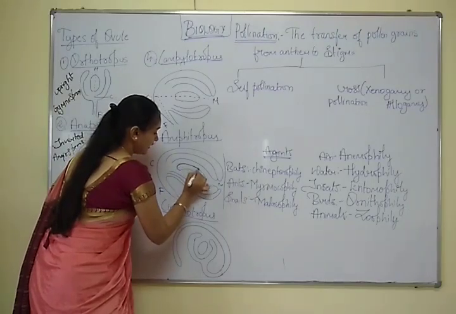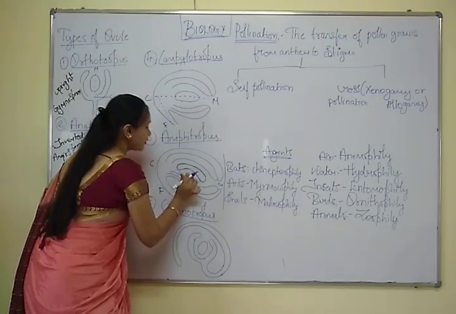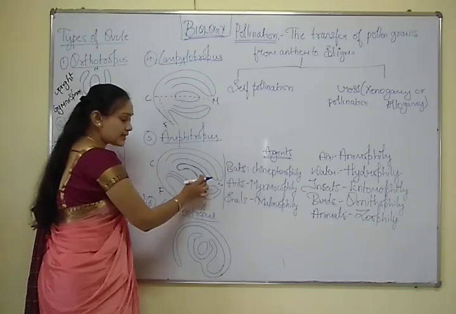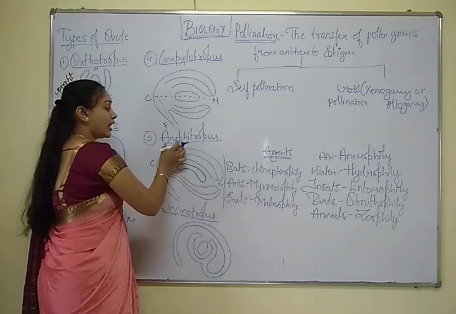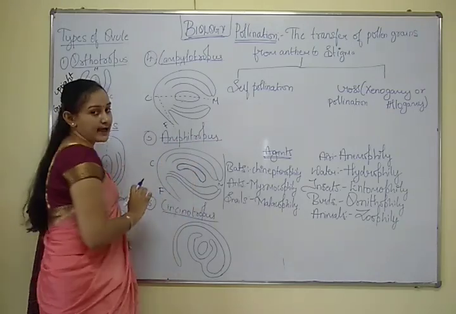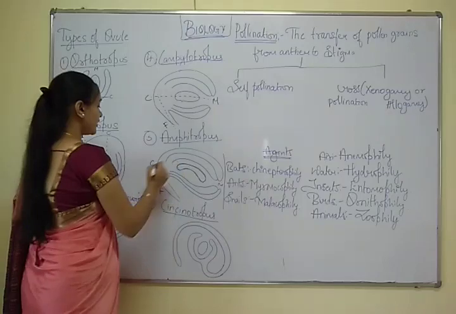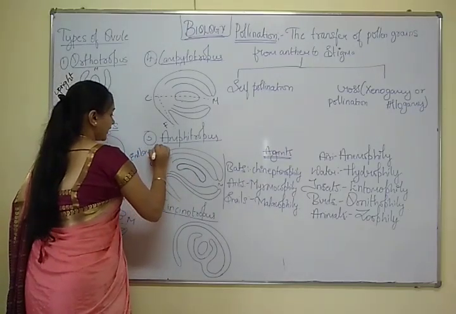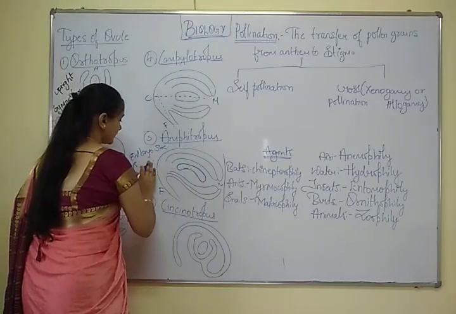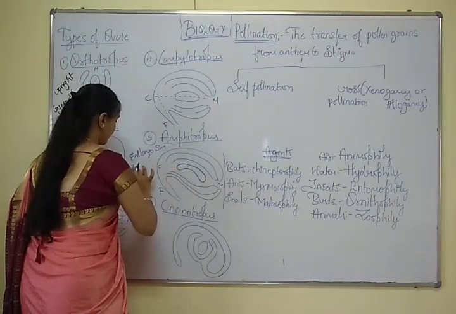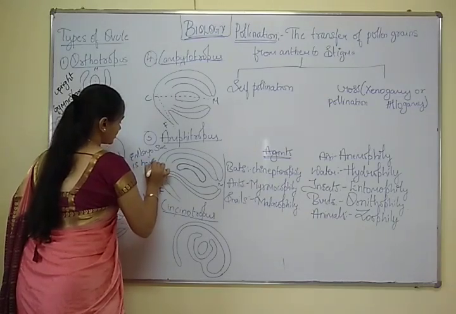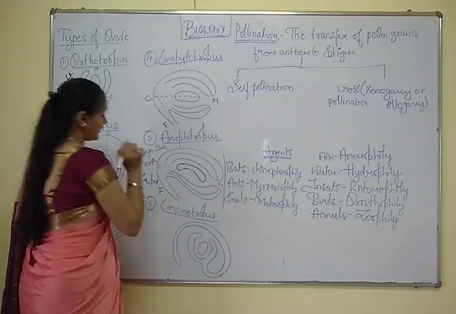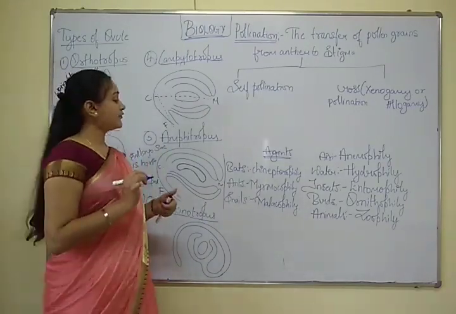In the campylotropous ovule the embryo sac is straight, whereas in the amphitropous ovule the embryo sac is horseshoe shaped. Horseshoe shape is called an amphitropous ovule.